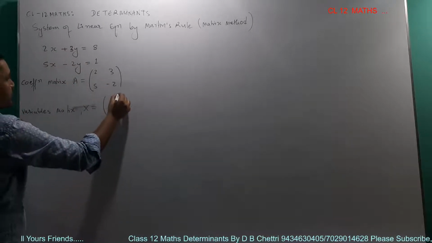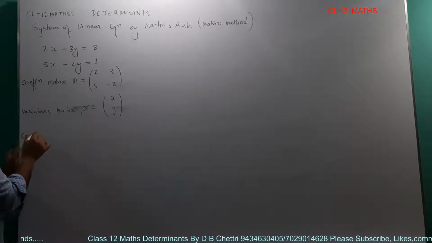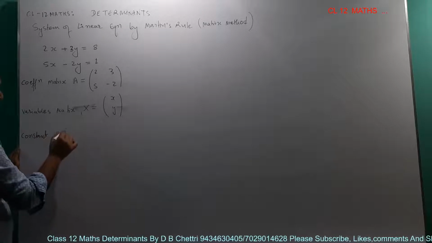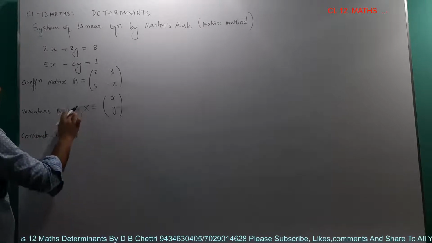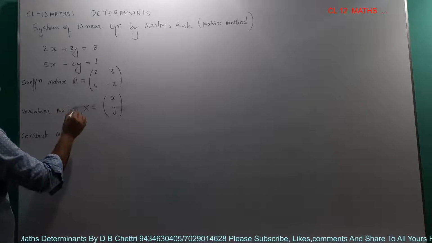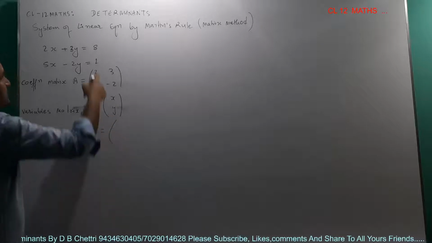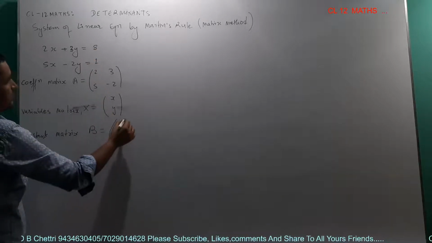Then the constant matrix, indicated by B. Constant means the last two numbers, 8 and 1.